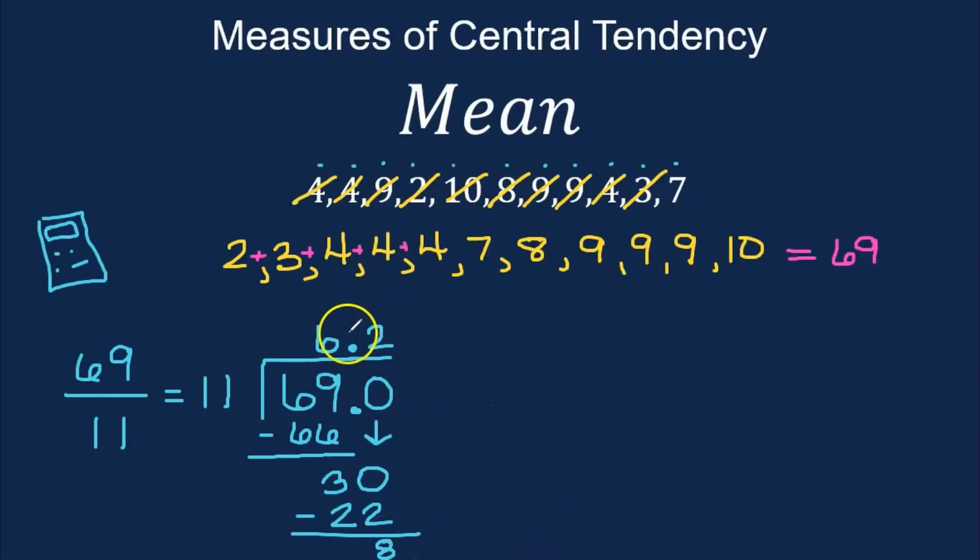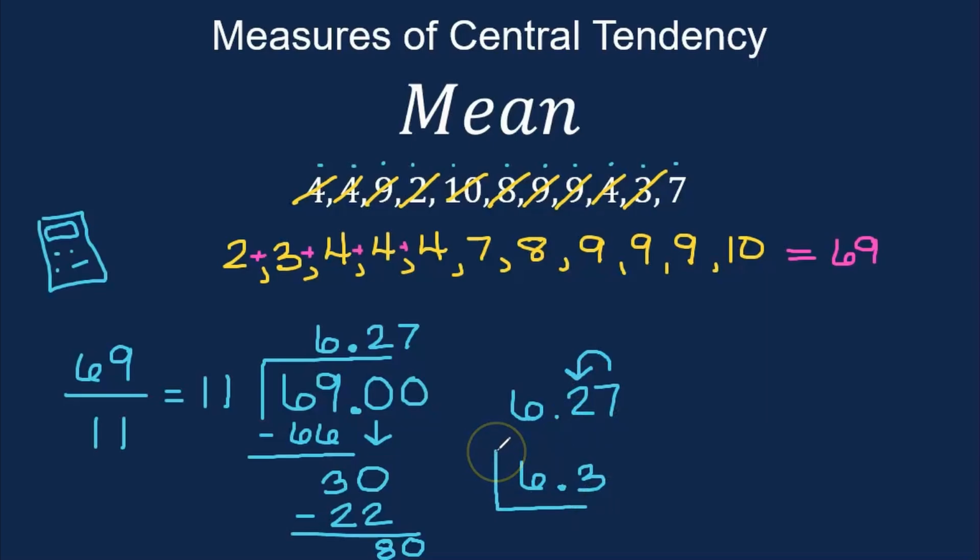Now, we want to round it off to the tenths place. And so we're going to add one more 0, bring this down one more time, and see 11 goes into 80 7 times. So just as a brief review of rounding here as well, now that we know this is a 7, that's going to bump that 2 up to 6.3. And that's our final answer.